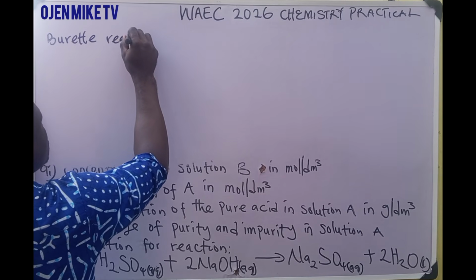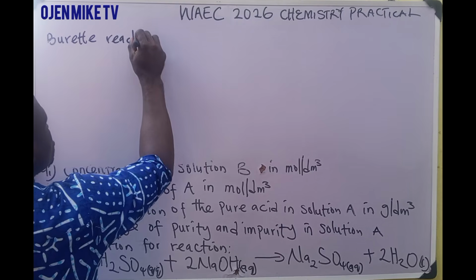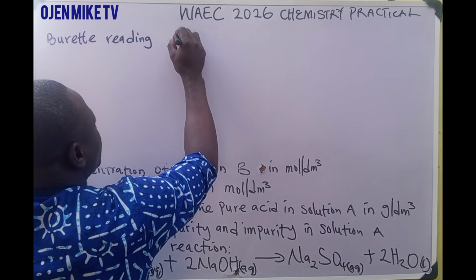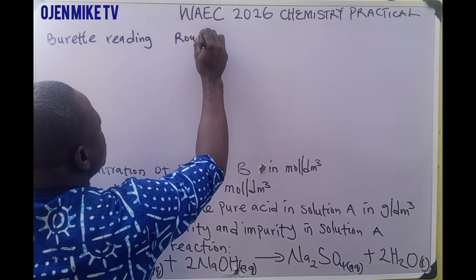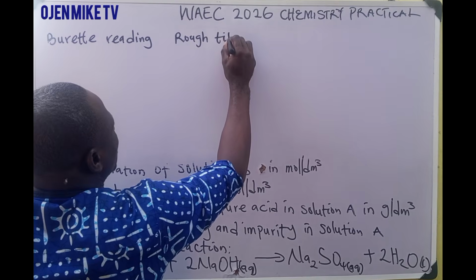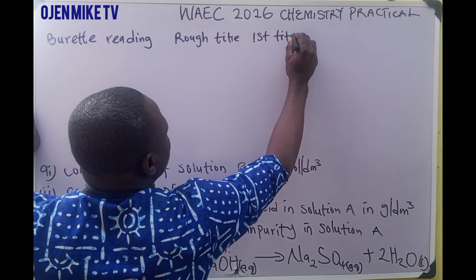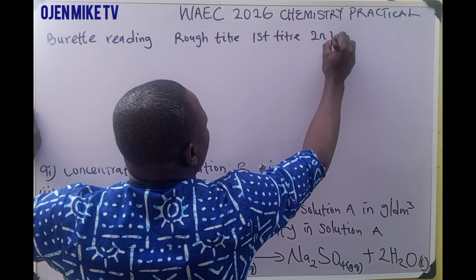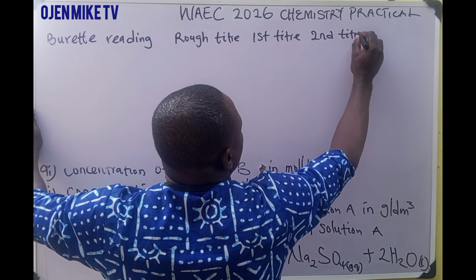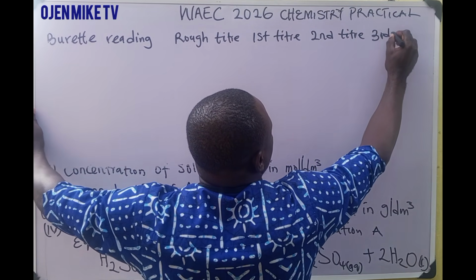Burette reading. Under burette reading, we have the rough titer, the first titer, the second titer, and the third titer.